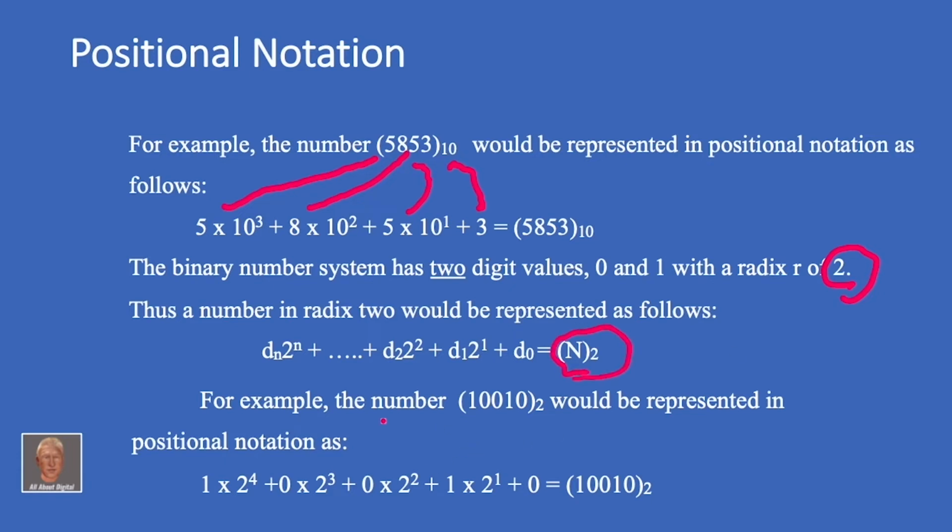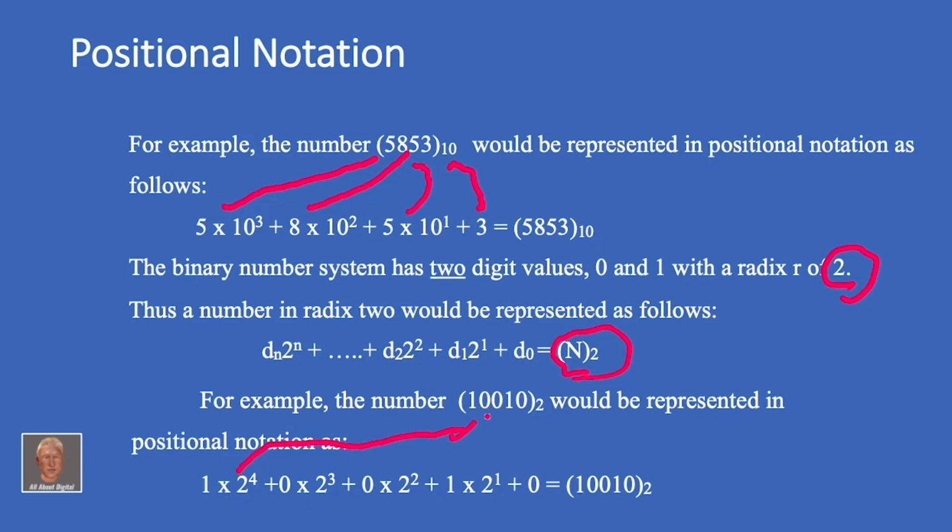Okay? Now, let's look at an example. The number 10010 base 2 is written as follows. This digit right here is the 0, 1, 2, 3, that's the fourth digit when you start counting from 0. So it's a 1 times 2 to the 4th.